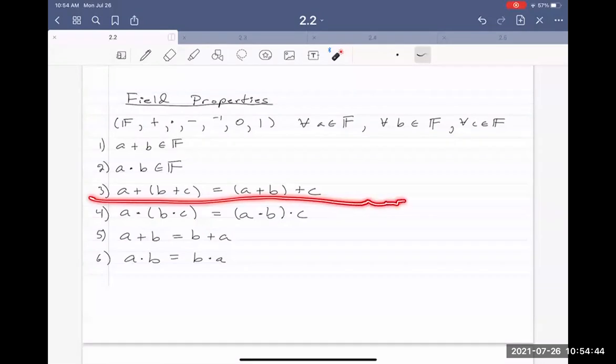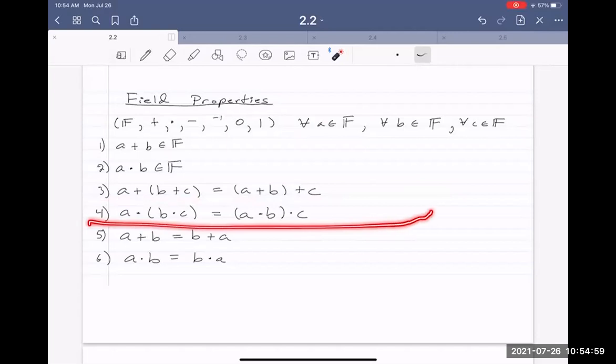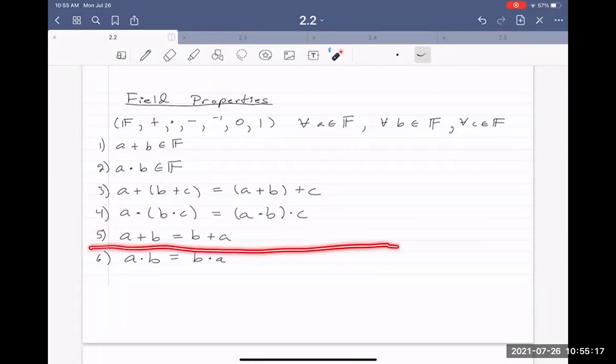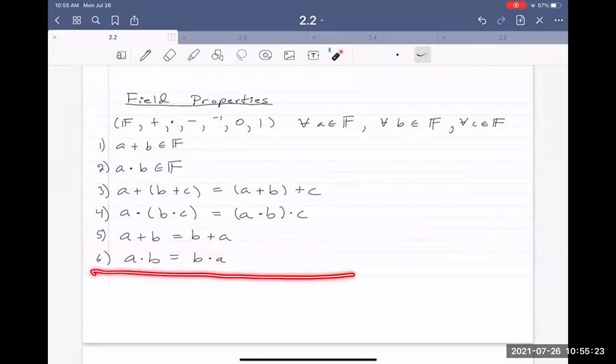Next, the associative property for addition: A plus the quantity B plus C is equal to the quantity A plus B, plus C. Next, the associative property for multiplication says that A times the quantity B times C is the same as the quantity A times B, times C. The commutative property for addition: A plus B is equal to B plus A. The commutative property for multiplication: A times B is equal to B times A.